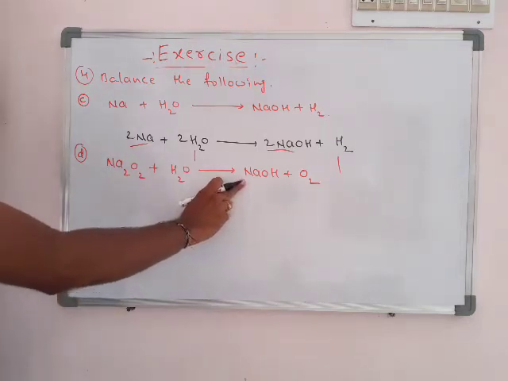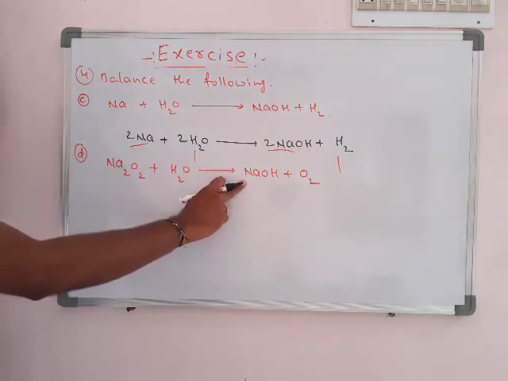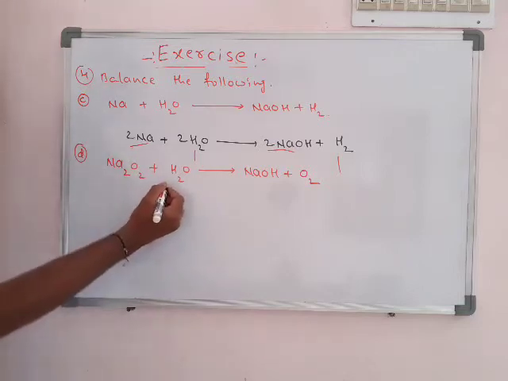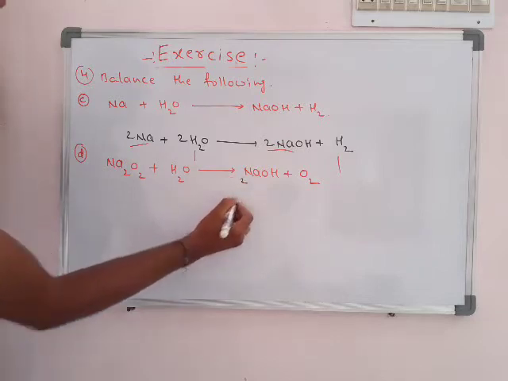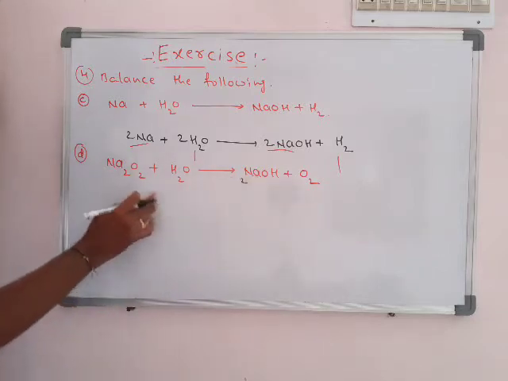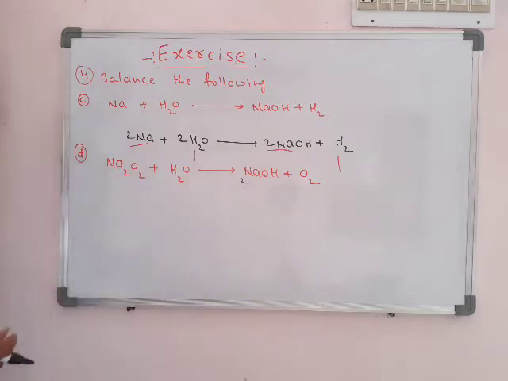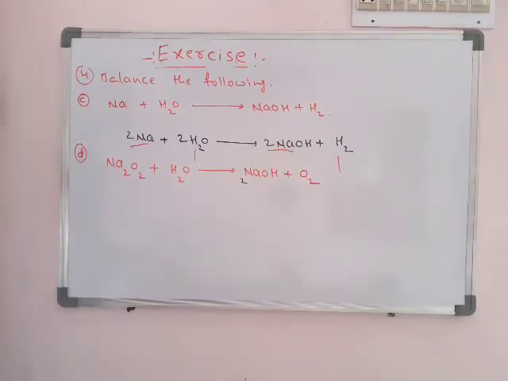So by putting 2 here, 2 hydrogens, 2 to 4 oxygens. But again here 2 H2Os. To put 2, okay, 2 become 4 oxygens put here, but the number of hydrogens becomes only 2, but on the other side there are 4 hydrogens, plus H2 plus O2.